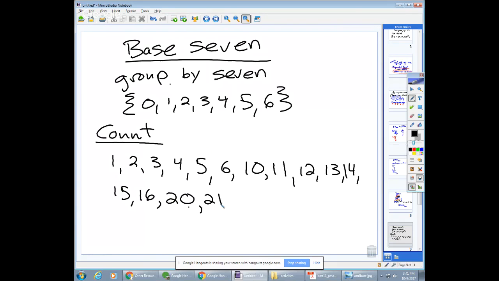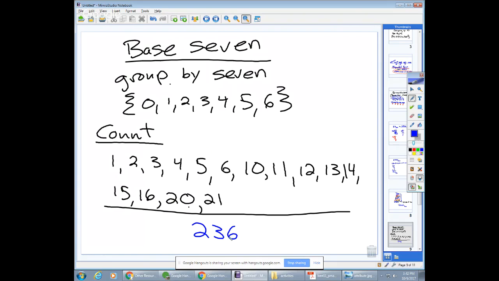Some other things you're going to be asked to do is state what numeral is right before and what numeral is right after. So let's play that game next. We're going to stick with base 7 for now. I'm just going to write down some numeral. How about 2t3t6? That's a base 7 number.